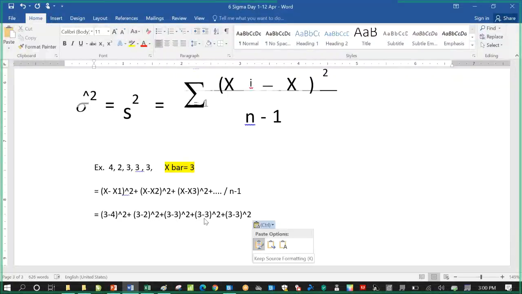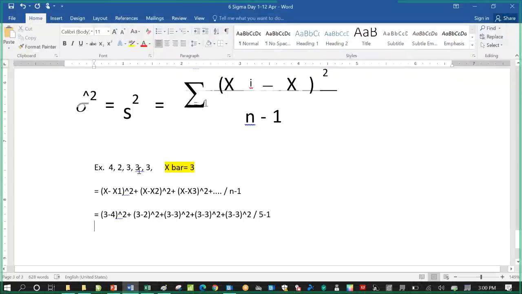All divided by 5 minus 1, because there are 5 data points minus 1.